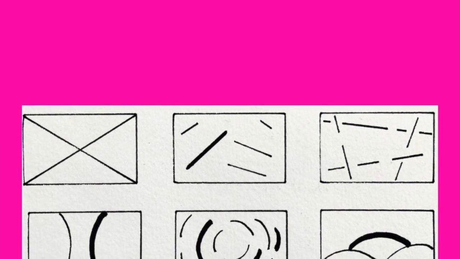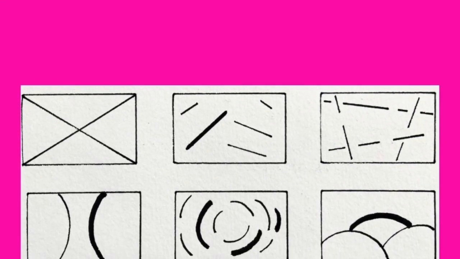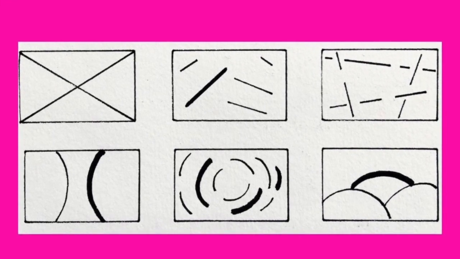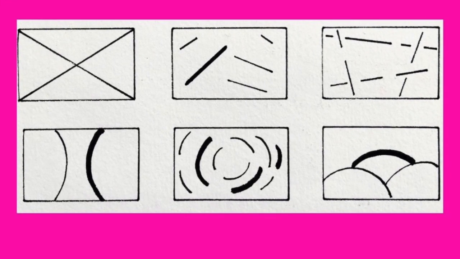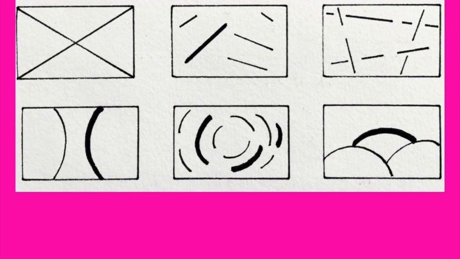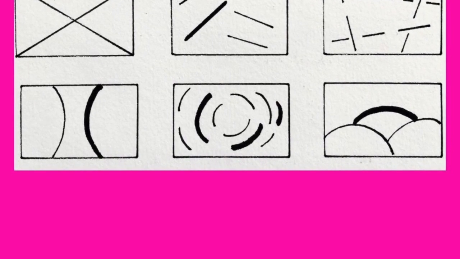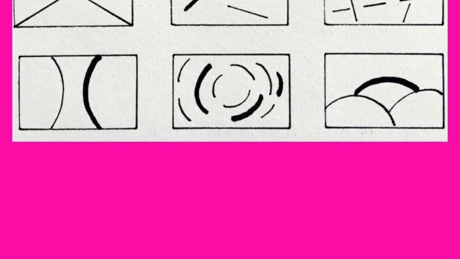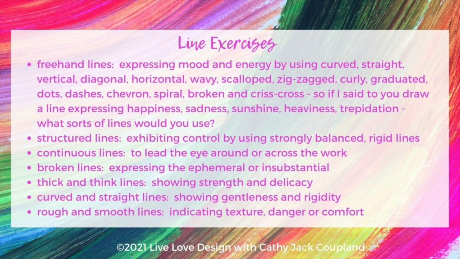I suggest you do as I did. Simply make a rectangular template out of cardboard, choosing a size that suits how you like to work. Trace around it and fill it with your interpretation of the following. Or you could simply do these exercises freely, letting them cascade into each other. Your choice.